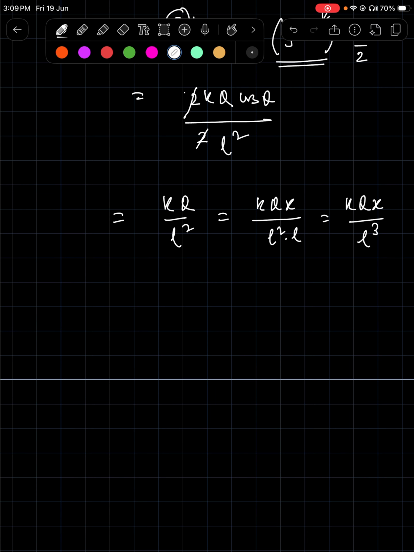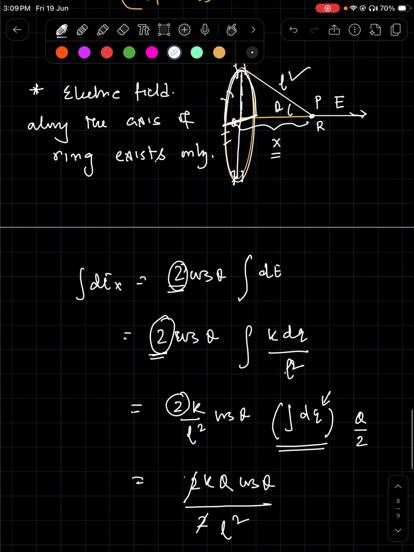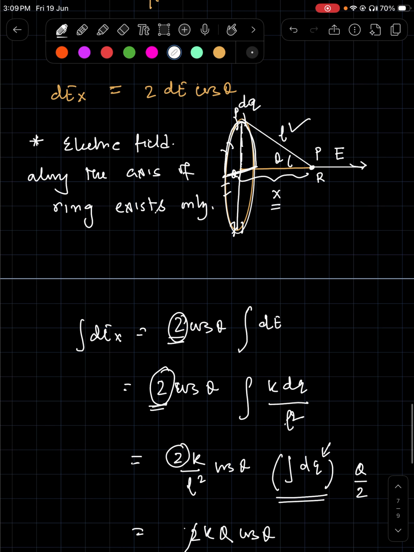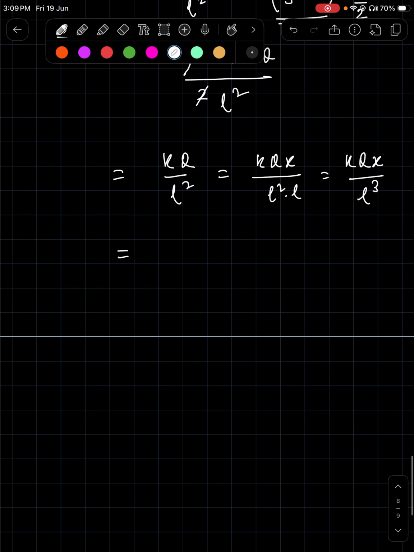Now we have to express L in terms of R and x, which can be found very easily by considering the triangle PQR. I'm going to draw it here beside the calculation to help you understand better. It is P, Q, and R: this is R, the radius, this is x, and this is L. So L is root under R square plus x square.